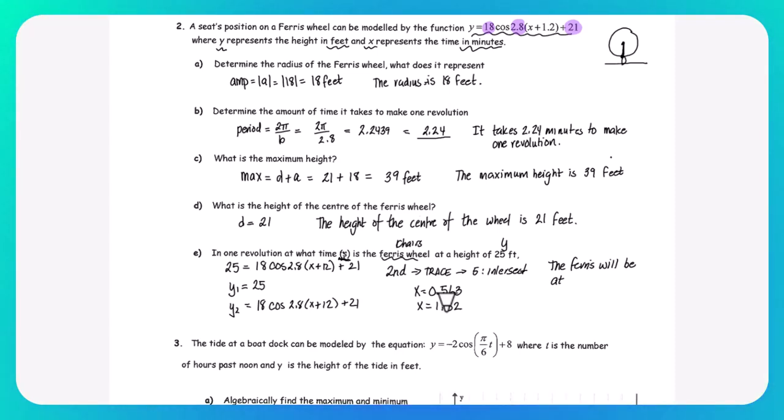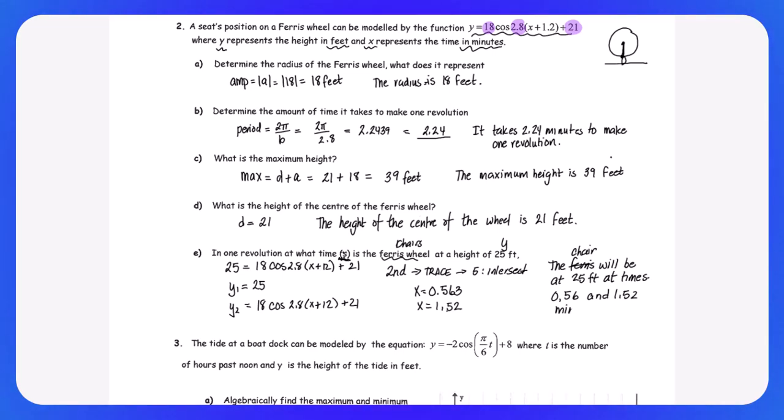So the Ferris wheel or the chair will be at 25 feet at times, let's round it to 2 decimal places, 0.56 and 1.52 minutes. We got to make sure we have our minutes in there. And there we go. Let's move on to question 3.